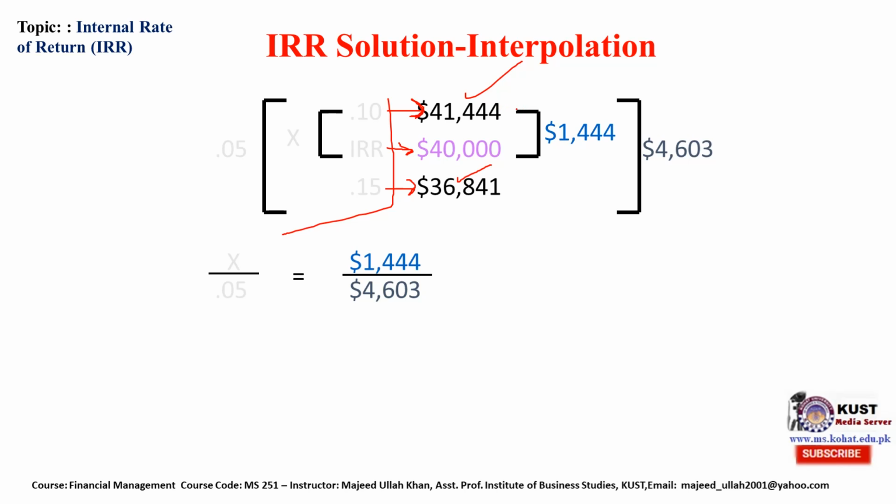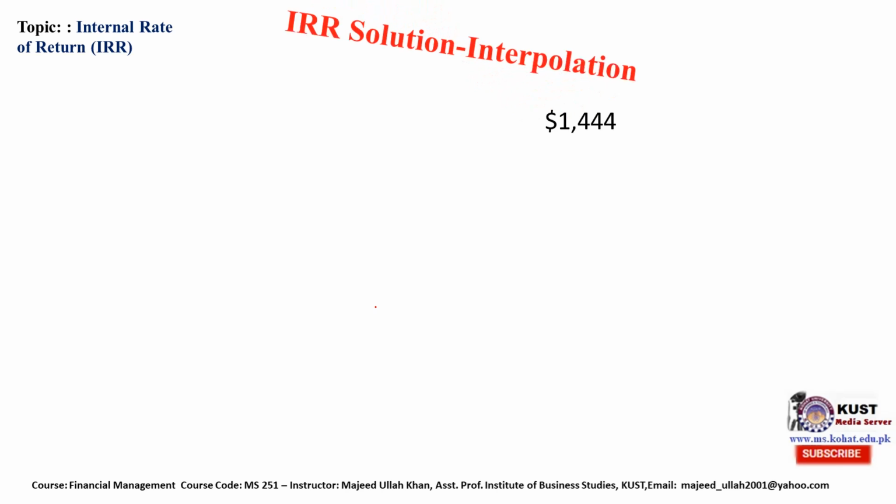Now the difference between these two is $1,444, and the difference between this 41 and 36 is $4,603. What we will do, we will divide this by this. So $1,444 divided by $4,603 will give us what?